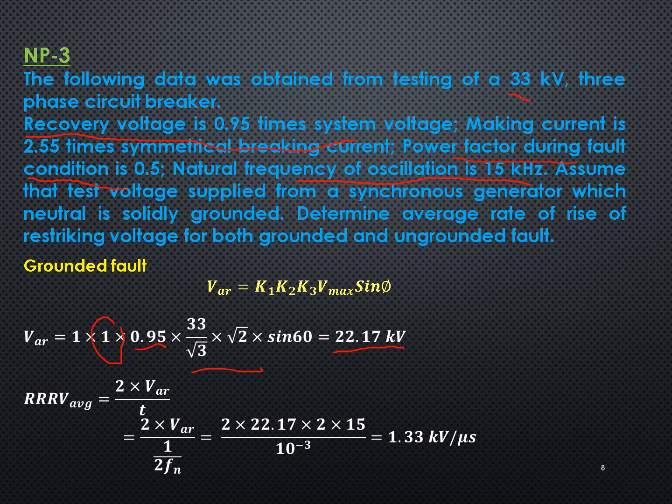T equals 1 by 2Fn. So 2 into Var, that is 22.17, divided by 1 by 2Fn, that is 2 into 15 divided by 10 to the power minus 3, because we want kV per microsecond. The average rate of rise of restriking voltage in that case is 1.33 kV per microsecond.